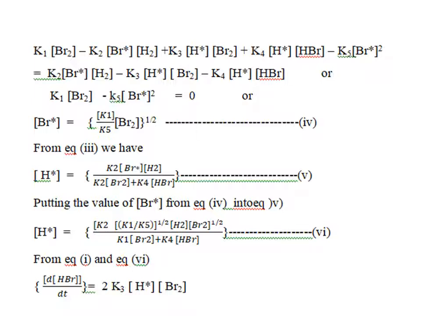Or we can rearrange this: k1[Br2] minus k5[Br*]² is equal to 0. From this we can calculate the value of [Br*], that is [Br*] is equal to (k1/k5) into [Br2] to the power 1/2.